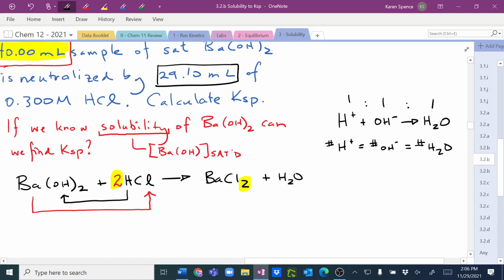That's our net ionic equation. And in fact, if we look right now, I have 2 hydroxides and I have 2 hydrogens. So how many water would that produce? 2, right? So I'm going to have 2 waters here. Okay, so now I have my reaction.